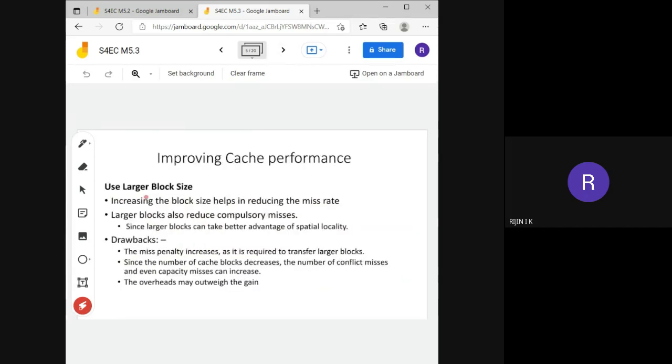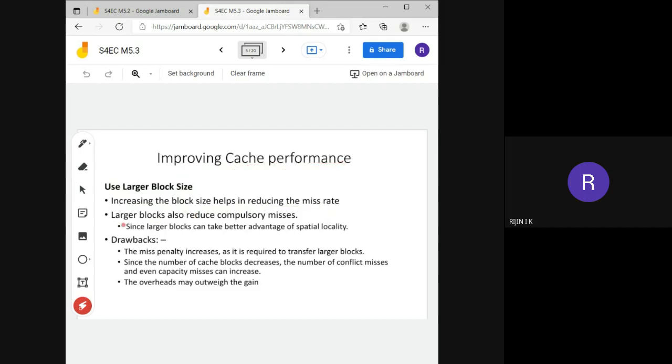As we discussed, use of large block size will improve the cache performance. That means increasing block size will help to reduce the miss rate, and then it will improve the cache performance.